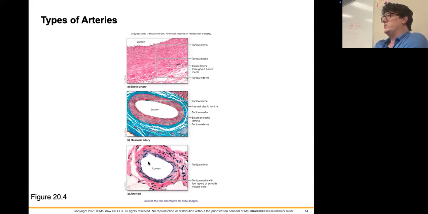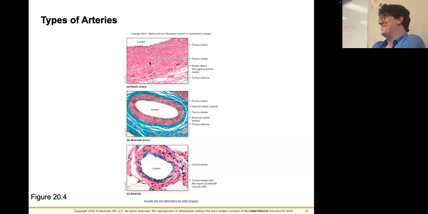So when we look at these, we can see that this is much, much smaller. This one's zoomed in far more. The bottom one is 7 times closer than these other two. These two are at the same magnification. That should tell you how big this blood vessel is. This is 100x, this is 100x.